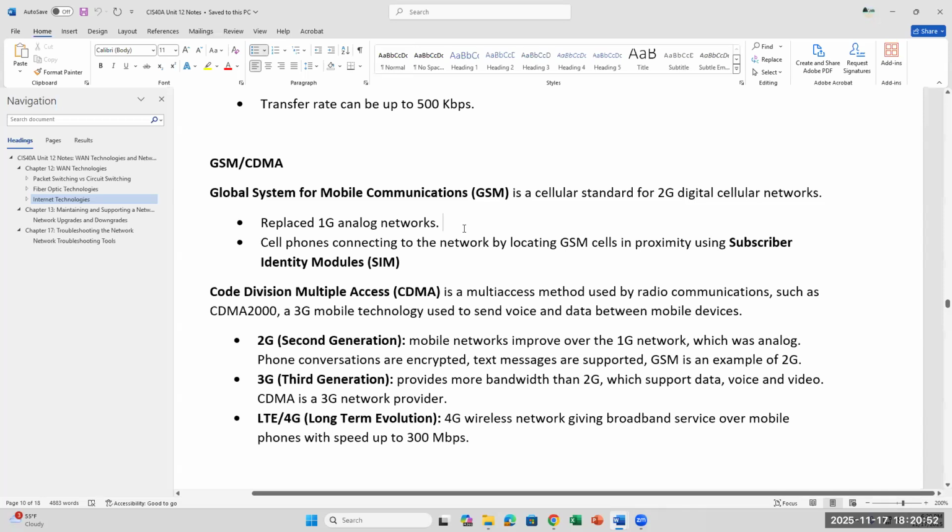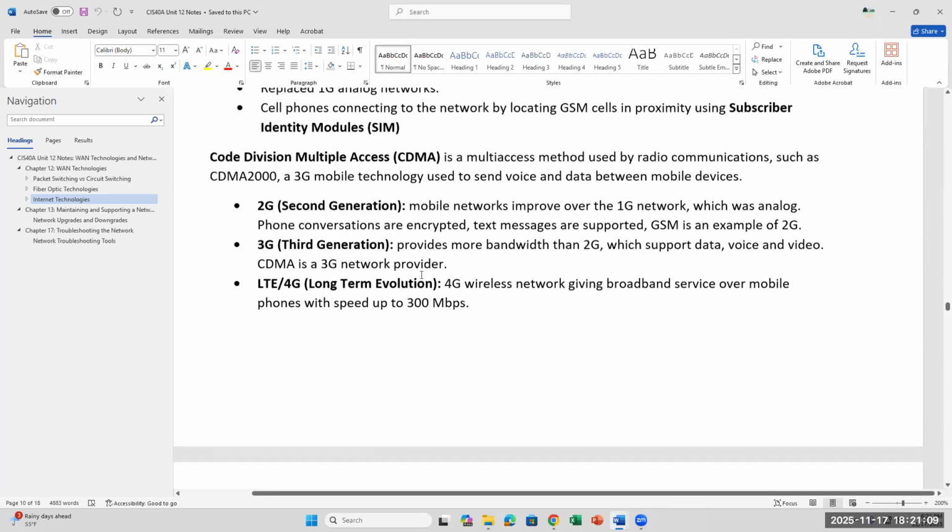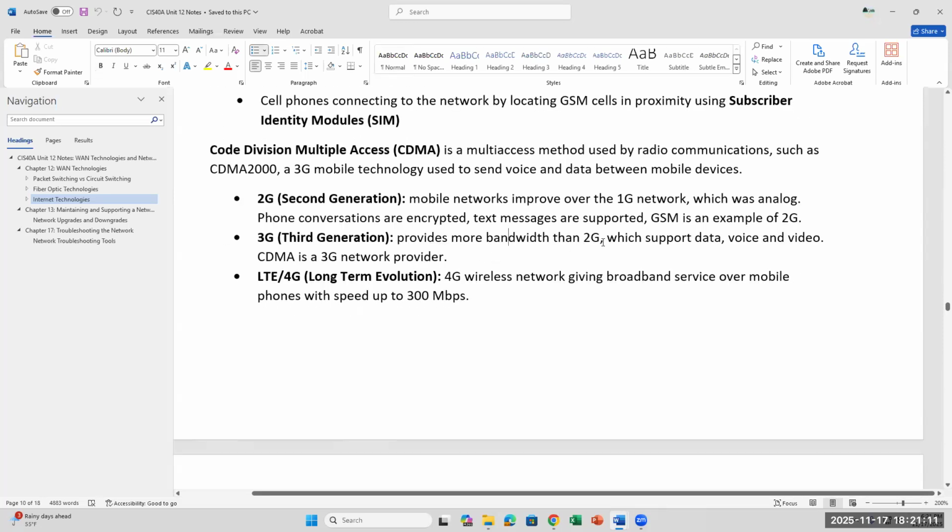You know that a lot of different parts of the world rolled out 3G before we did. And the GSM phone uses SIM-based technology. So it has your identity modules implemented. And then CDMA, that was integrated for second and third generation, and then also LTE and 4G, which gives you up to 300 megabit per second.